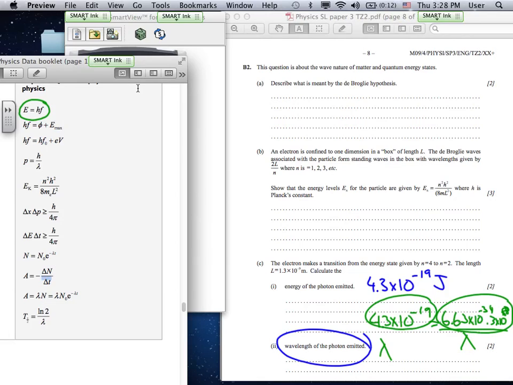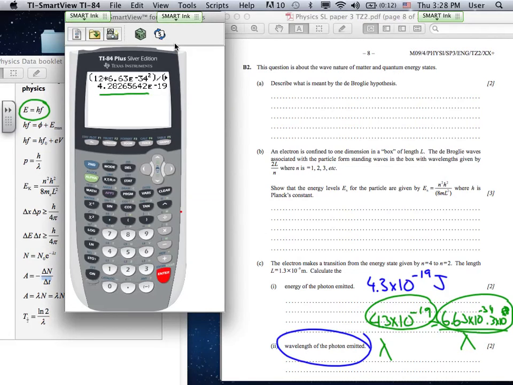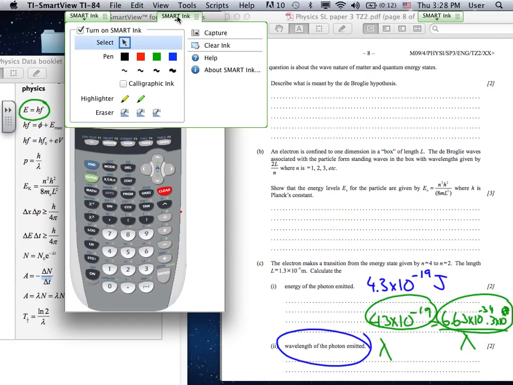So let's put that back into my calculator. We're going to clear. I'll also clear that.